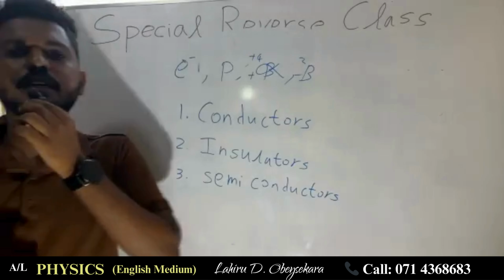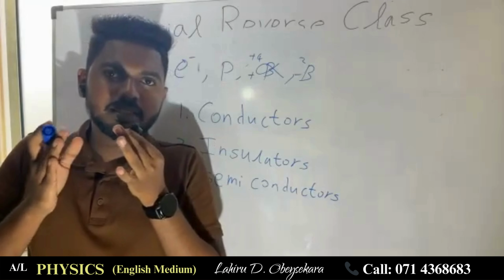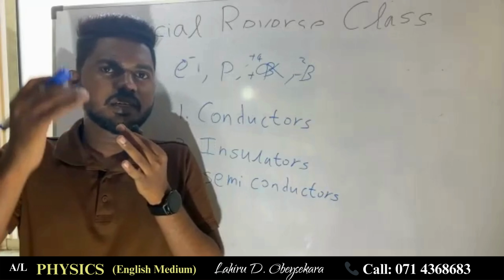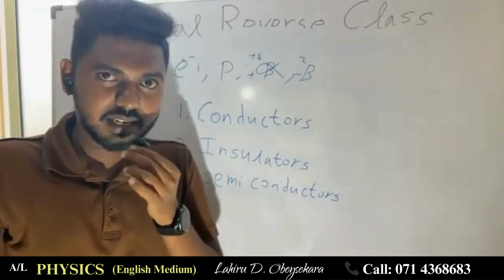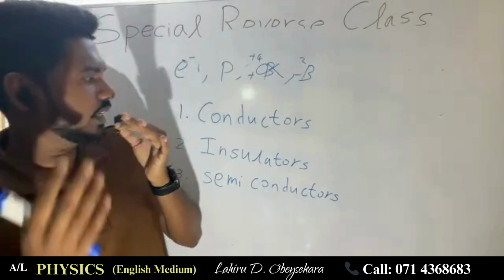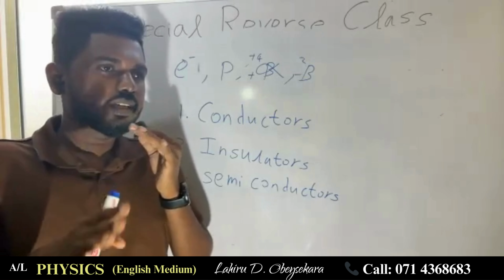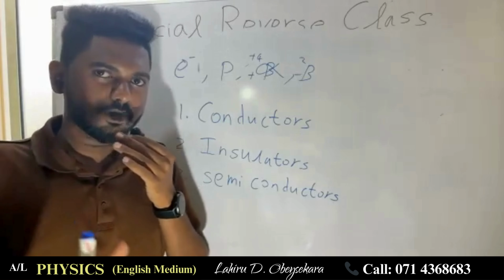Semiconductors means it has an intermediate characteristic of conductors and insulators. It does not pass the current very well like conductors, but when you consider the insulating characteristic, it does not completely block current either.